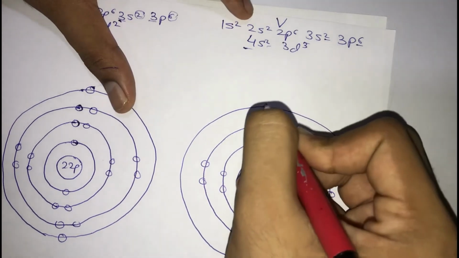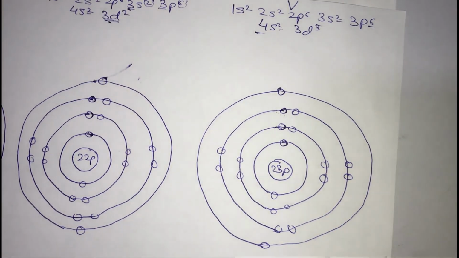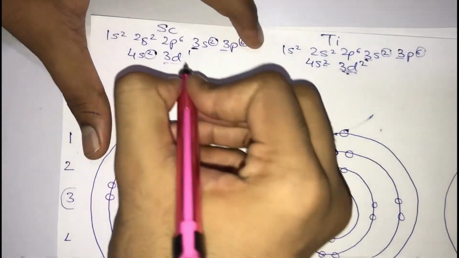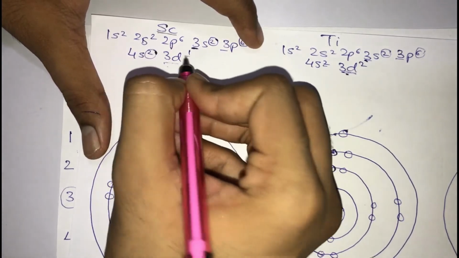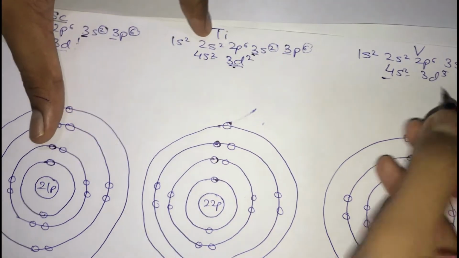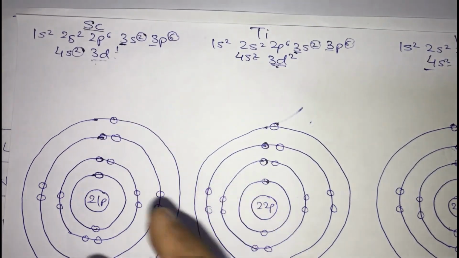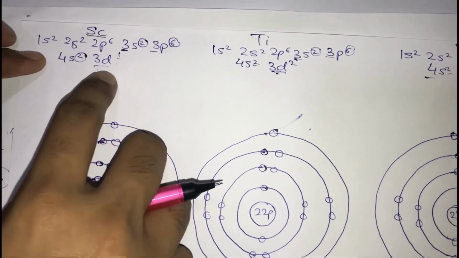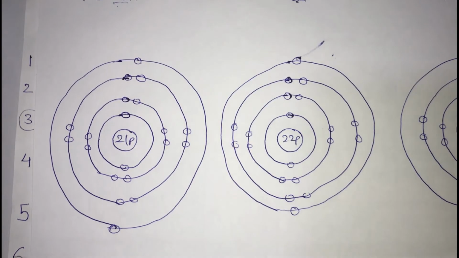Now here comes the real twist. See, scandium has 3d1, titanium has 3d2 and vanadium has 3d3. Now before assuming this, including these 3d electrons, can I say that the shielding effect experienced by all three is the same?